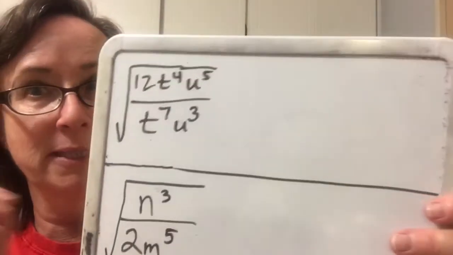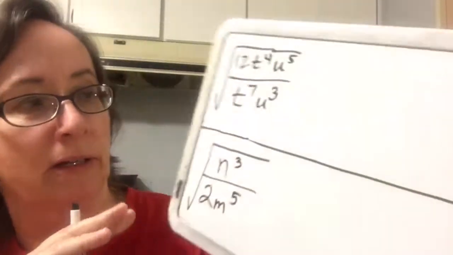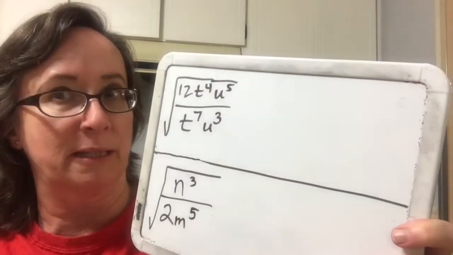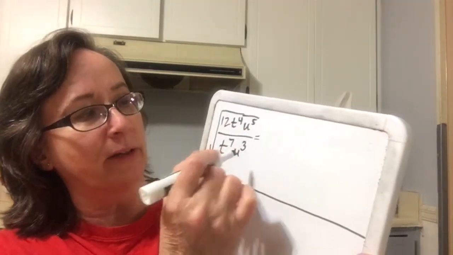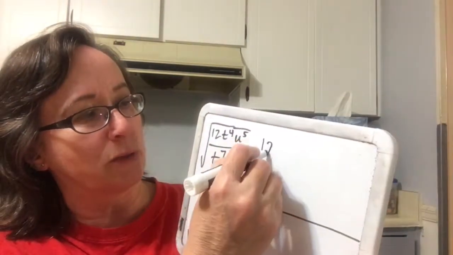All right, so now we have one that has lots of variables underneath it. And there is benefit to keeping this one together because we have T's and we have U's that we could simplify before we split it apart. So let's go ahead and leave it all together for now. And we've got 12 divided by 1, so we'll just keep the 12.